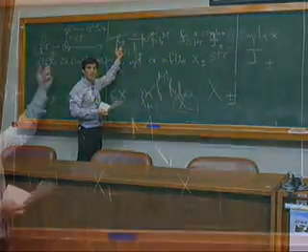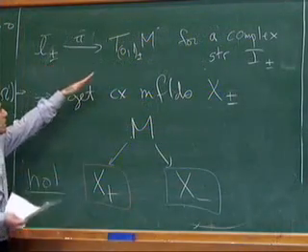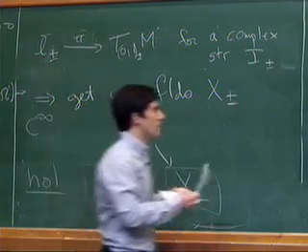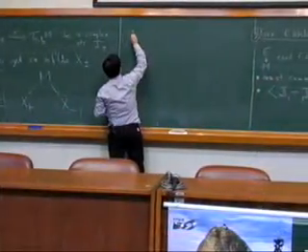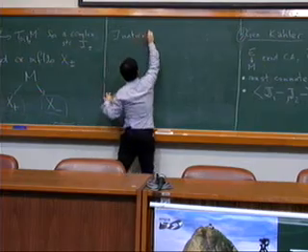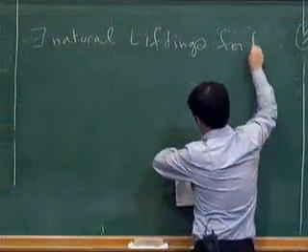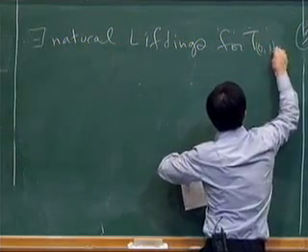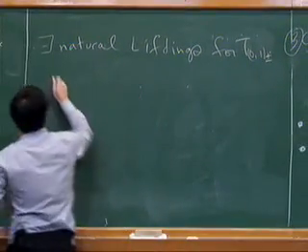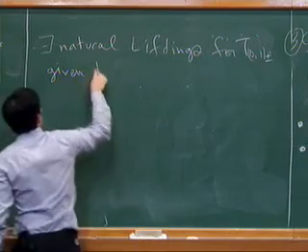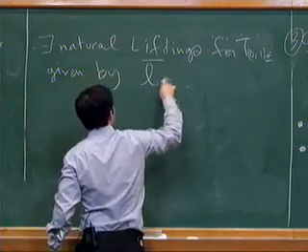Okay, but the nice thing about these complex structures is that they come with a lifting. They came, in fact, from a lifting. So the T01 actually is inside, embedded. So they're natural liftings for T01 plus minus given by L bar plus minus.